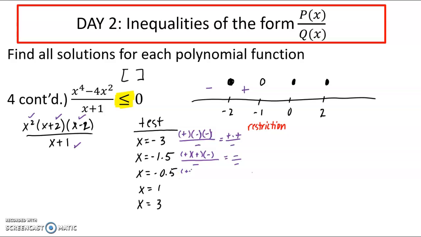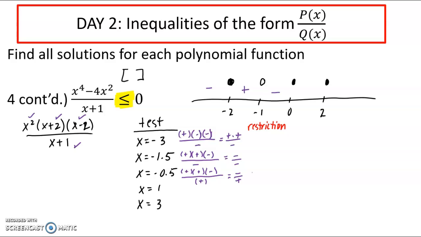Negative half, that'll give me a positive times a negative, all divided by a positive. So where are these coming from? These are coming from just looking at the sign of the output in these 4 different factors. Okay, that's why I'm keeping them in those parentheses. So I get a negative divided by a positive. It makes my next interval negative.